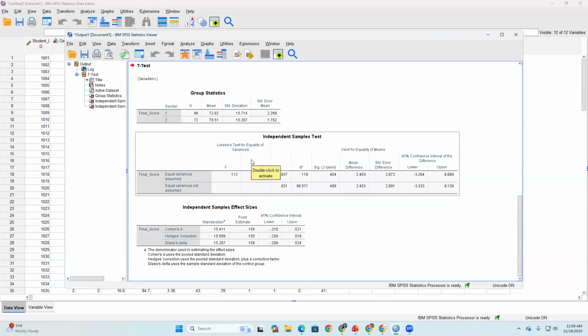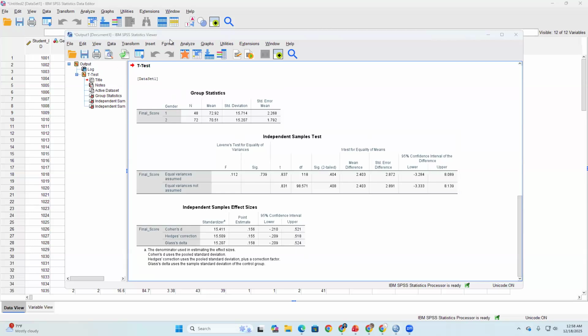Can you see the output generated? Yes. Okay. So this is the output for the t-test, and keep in mind, we need to know the significance.